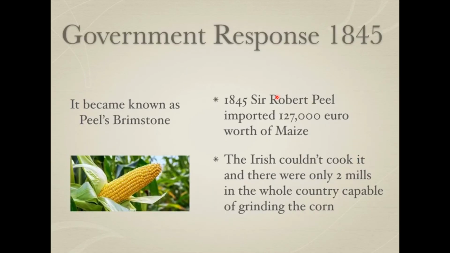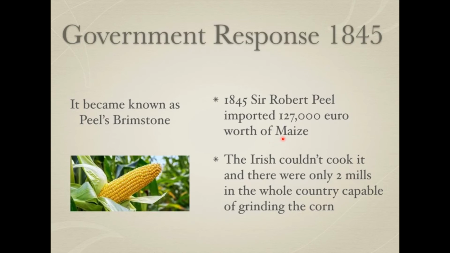So, how did the English government respond in 1845? In 1845, the Prime Minister was Sir Robert Peel, and he imported 127,000 pounds worth of maize into the country. Now, if you don't know what maize is, it's kind of like corn, like cereal.